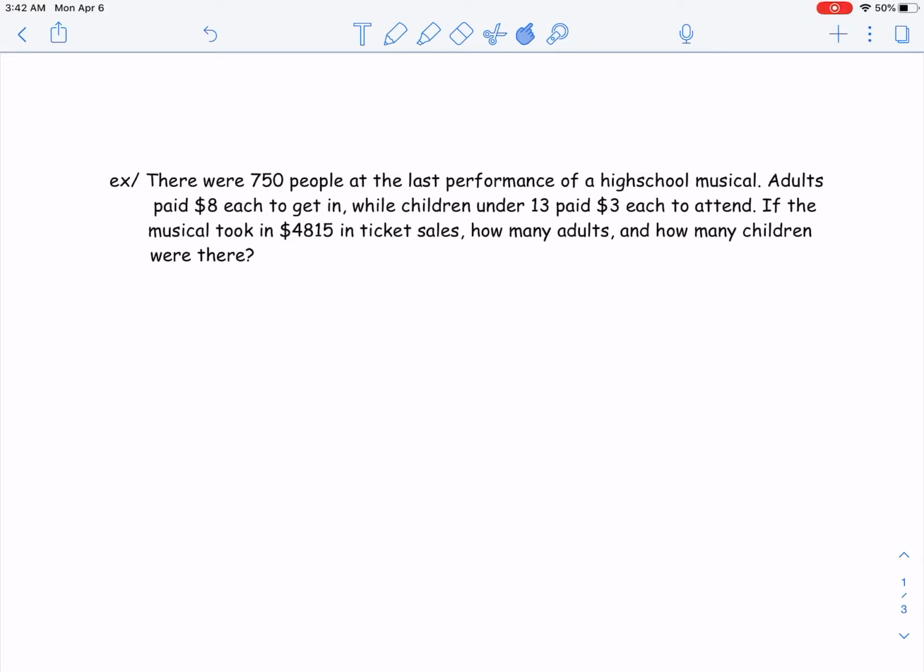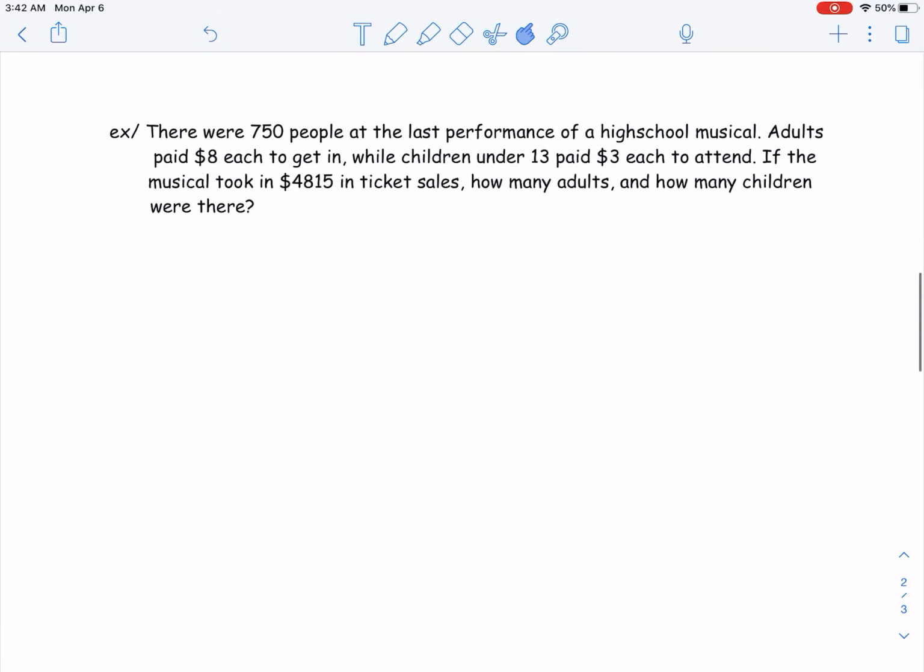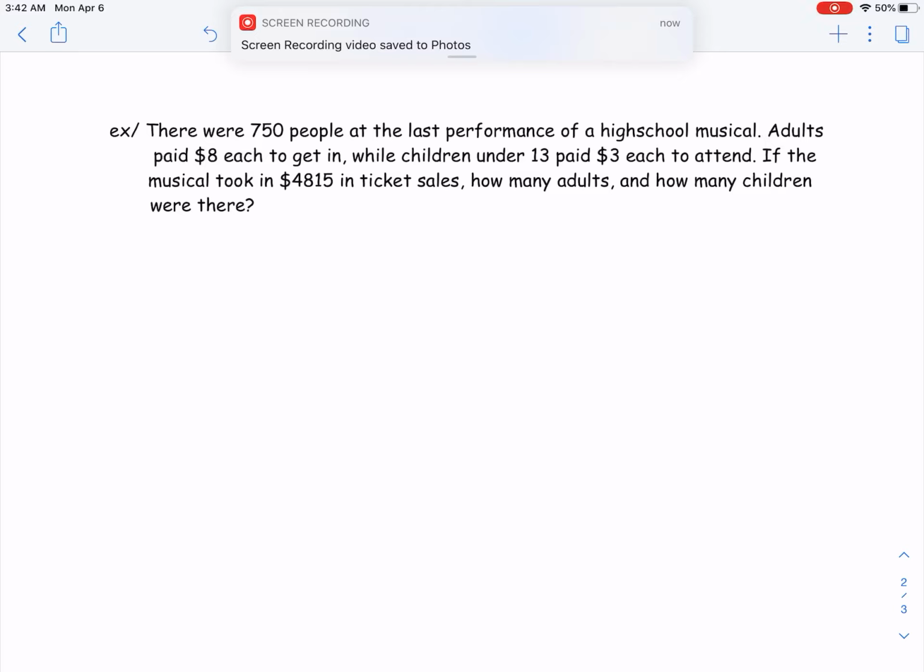Okay, so here is example 2 on lesson 3.4, solving problems involving linear equations. All right, let's take a look at the question and underline what's important. There were a total of 750 people at the last performance of the High School Musical.